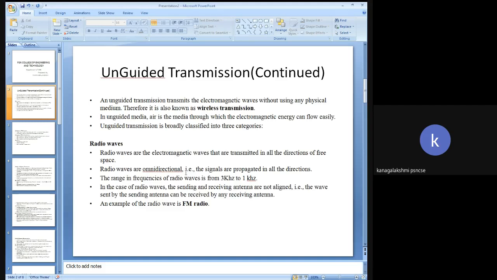They are placed in different places. So in radio waves, the sending and receiving antennas are not aligned. The waves sent by the sending antenna can be received by any other receiving antenna. The best example of radio wave transmission is FM radio.